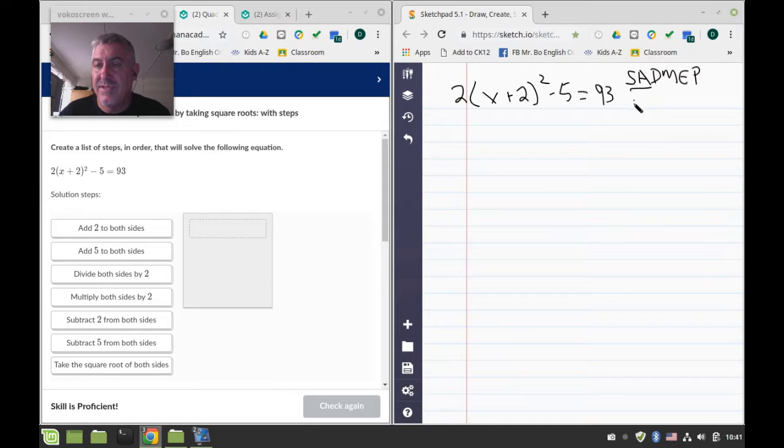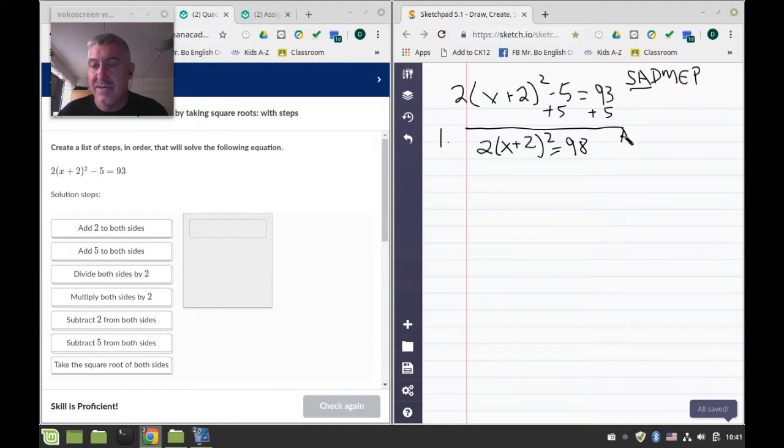So our first step is subtract and add. For step number 1, I want to find something to add to simplify this down to solve for x. And so we end up with 2 times (x plus 2) squared is equal to 98.